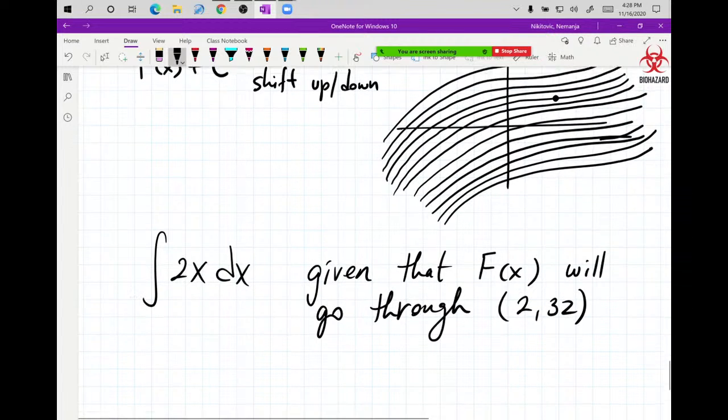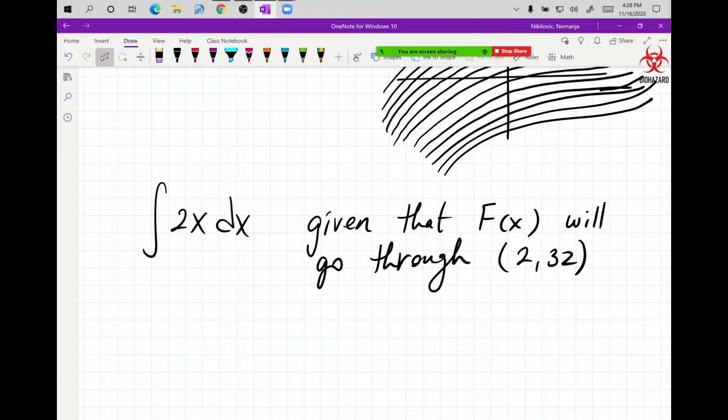It doesn't really matter what you pick. So, okay, let's go and figure it out.